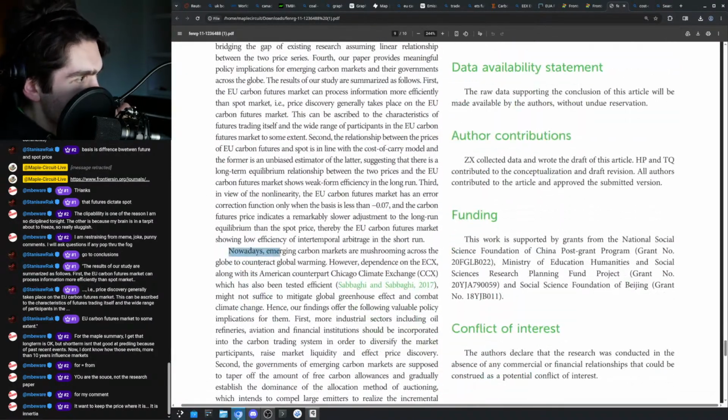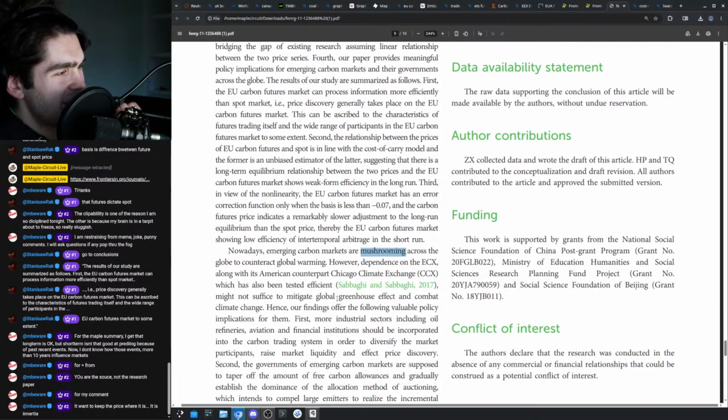I love it. Nowadays, emerging carbon markets are mushrooming across the globe. Am I drugged? Okay. Across the globe to counteract global warming. Or blooming, or mushrooming? Is this person in Hiroshima? What is this? Okay.